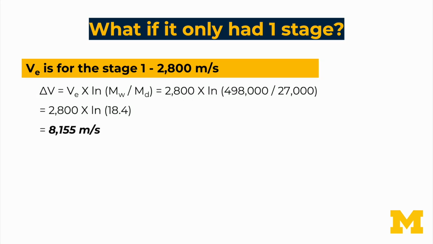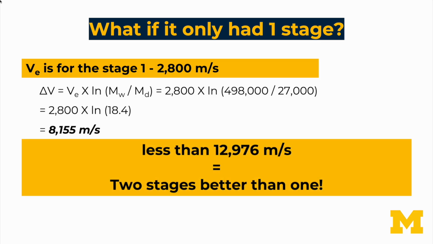And then that gives us 8,155 meters per second. So if we only have one stage, we put all of the fuel into stage 1 of the Peregrine 8, we could only get 8,395 meters per second. But if we did it in 2 stages, where we drop off stage 1 once we've gotten up a little ways and we got rid of all of the fuel, we drop that dry mass, then we could get 12,976.